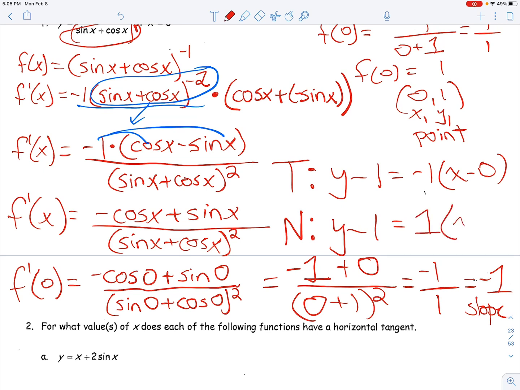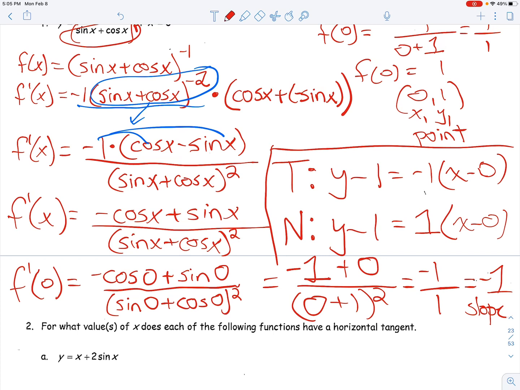Keep in mind x minus 0 is x. Normal line, y minus 1 is going to equal the negative reciprocal of negative 1, which is 1, and then x minus 0. All right, so there you go, a little tangent and normal line.